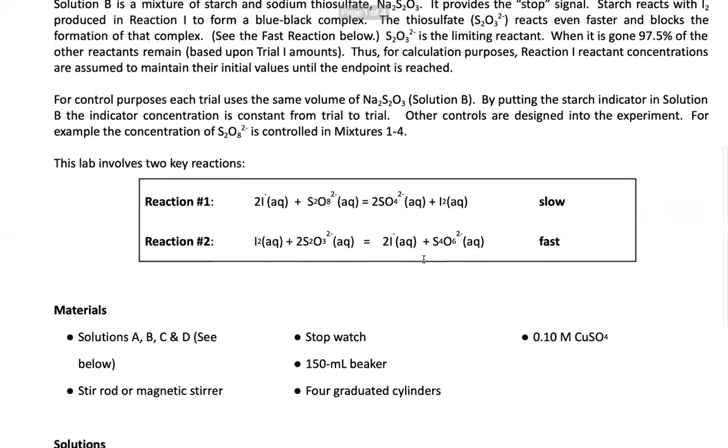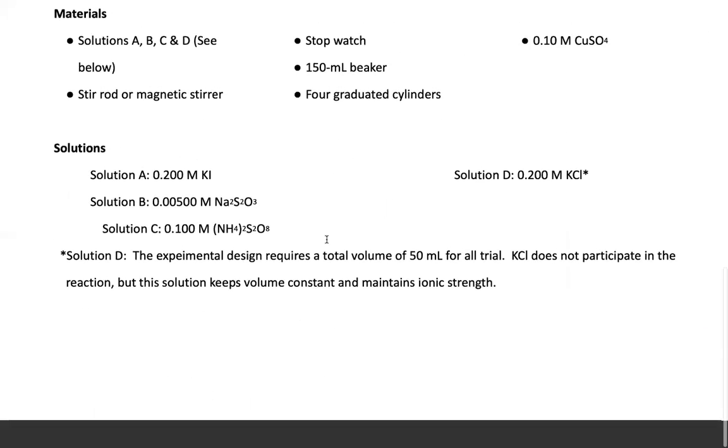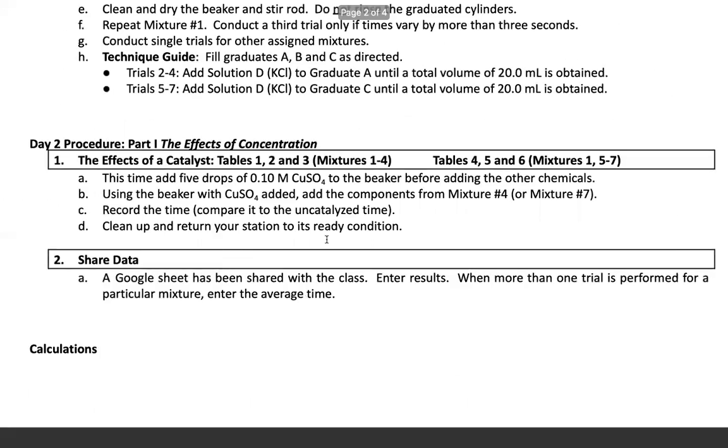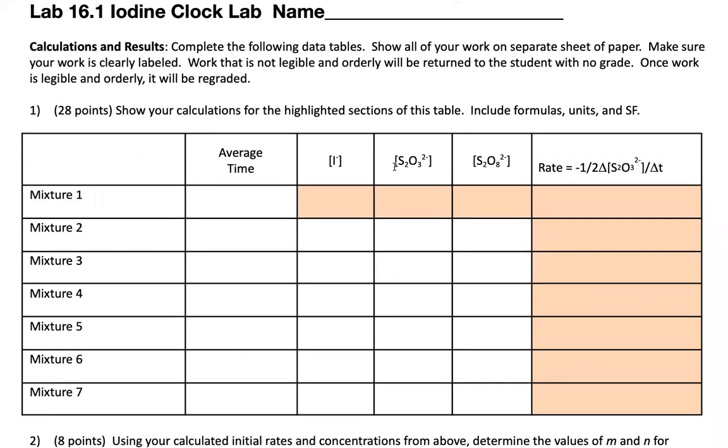For our rate expression, we use our coefficients. It's a 2 here. It's negative because it's getting used up. It's a reactant and our limiting reactant, so it's all getting used up. So final would be 0 minus this value, which gives us a negative number. This negative in front cancels with the negative here to give us a positive value. The 1/2 comes from the coefficients.